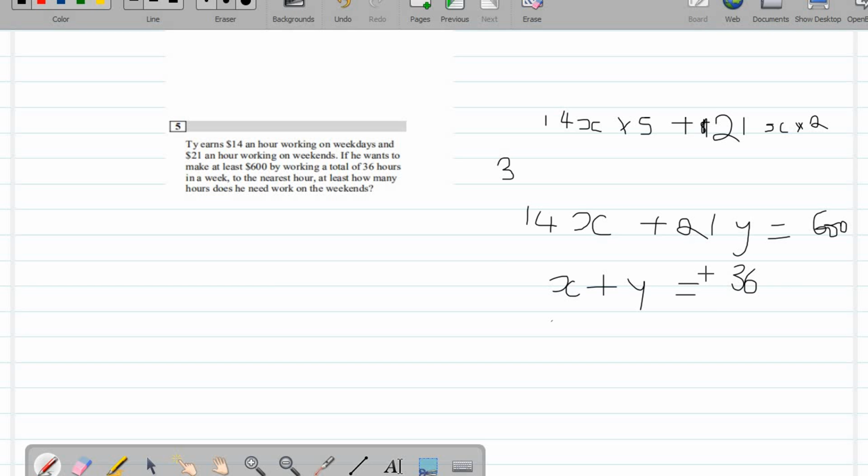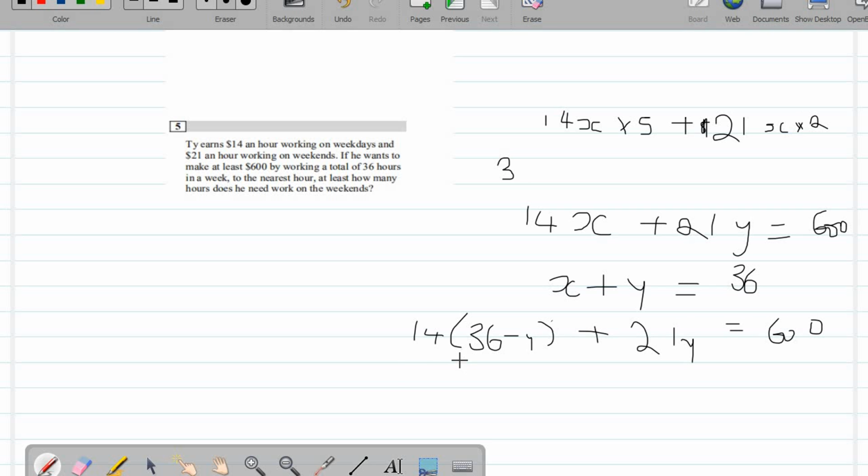So let's solve this. We can't use elimination here because that would be more tedious, so we'll just use substitution. So x equals 36 minus y. I'm going to do 14 times (36 minus y) plus 21y is equal to 600.